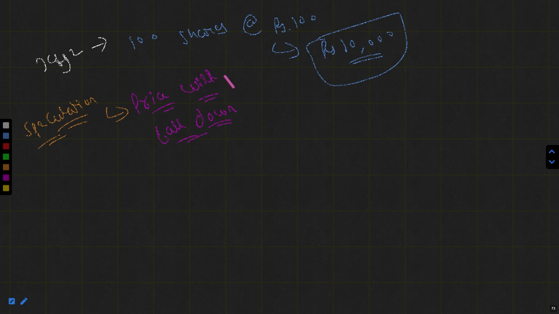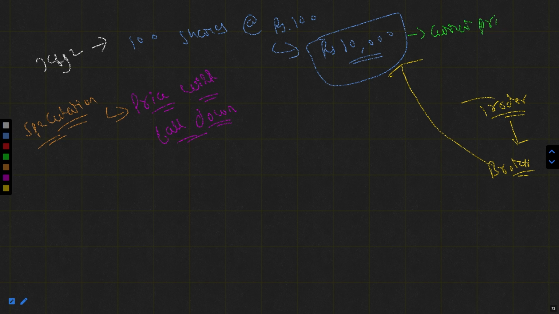All right, but what happened immediately? Suppose the trader passes the order to the broker to buy the shares at this price, which is the current price or best available price.